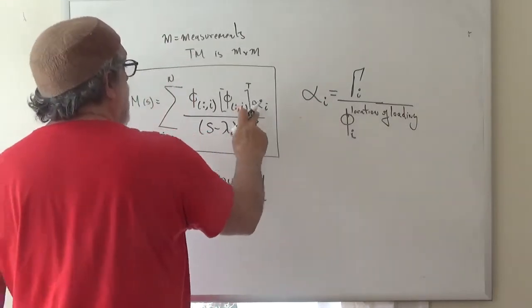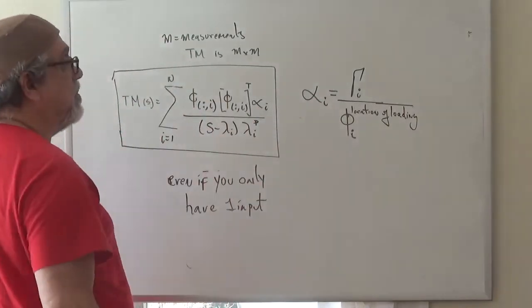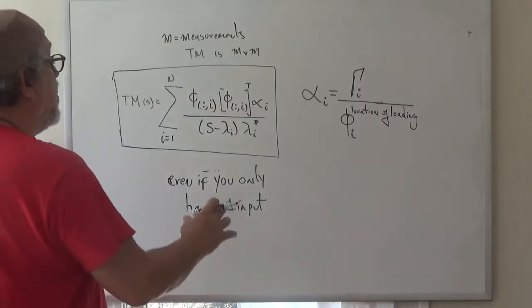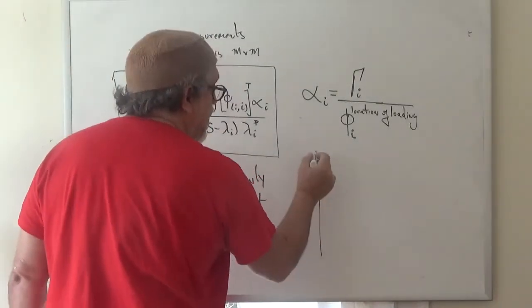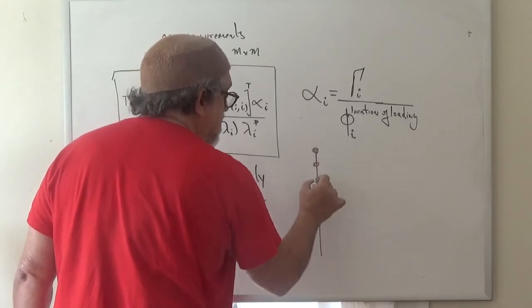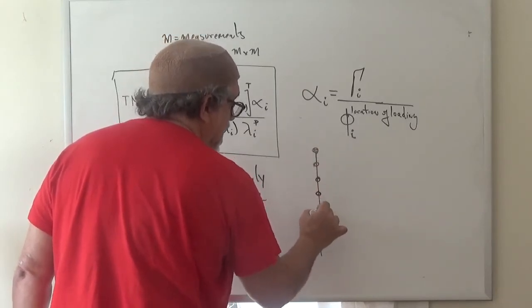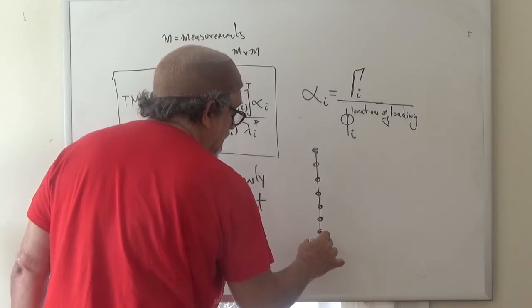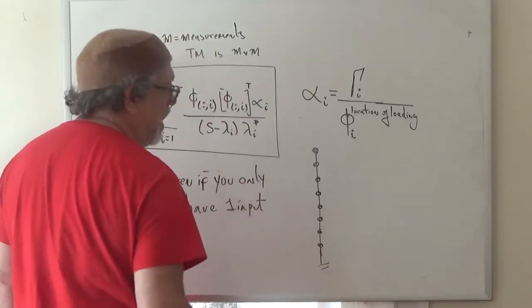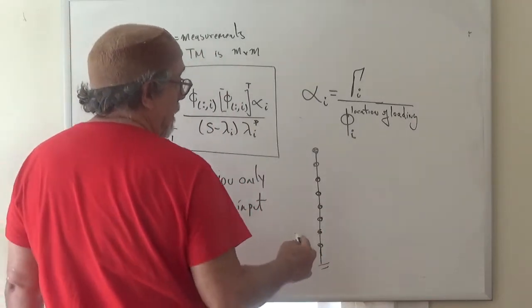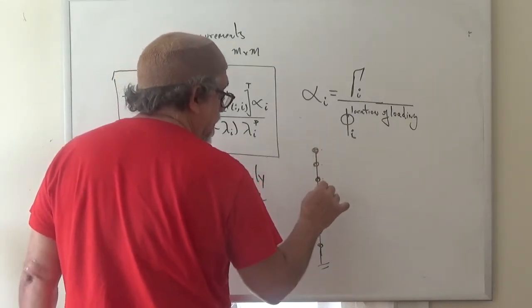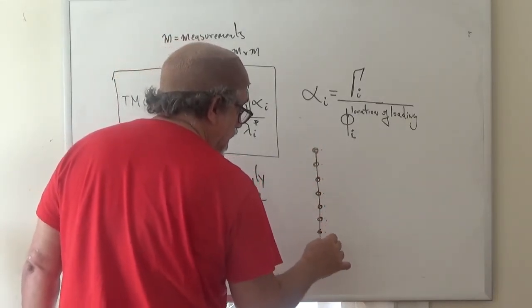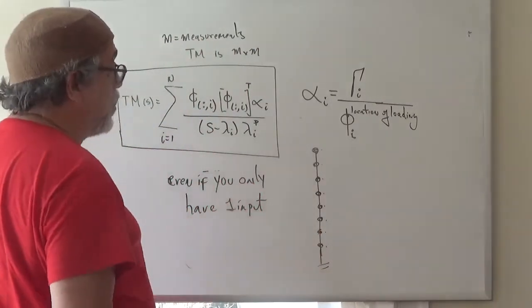Having the alpha, we can come here and calculate the transfer matrix of the size of the outputs. Notice the huge importance of this result, because what this means is this. If I have a system like this, right, and I put, let's say, an accelerometer everywhere, which is not difficult to do, right?